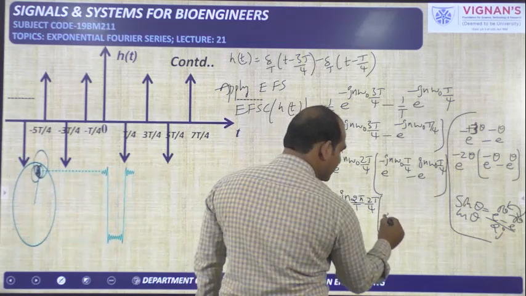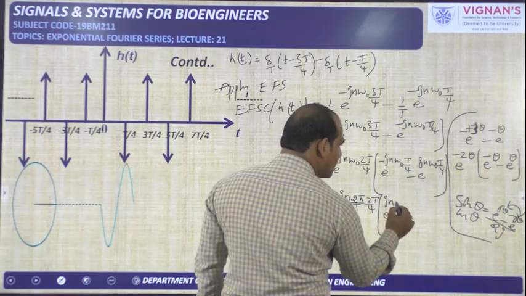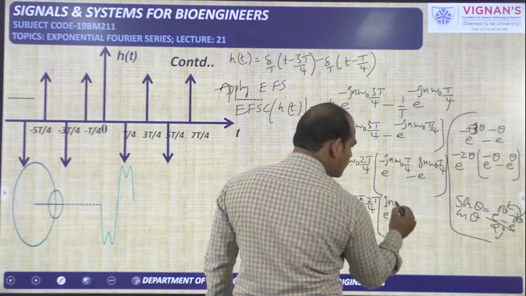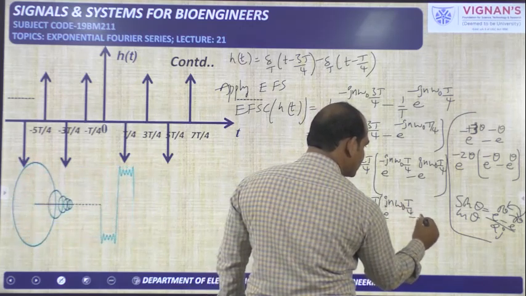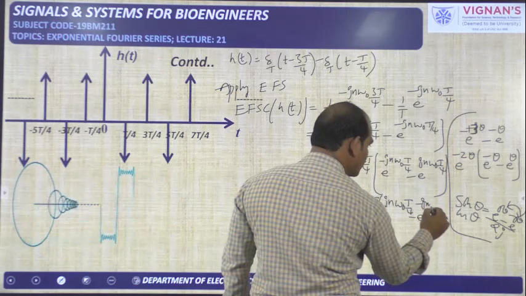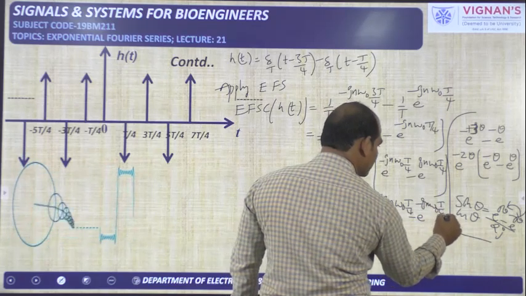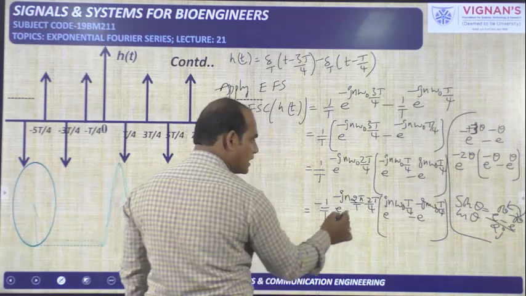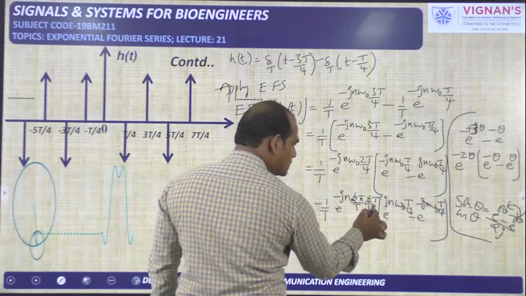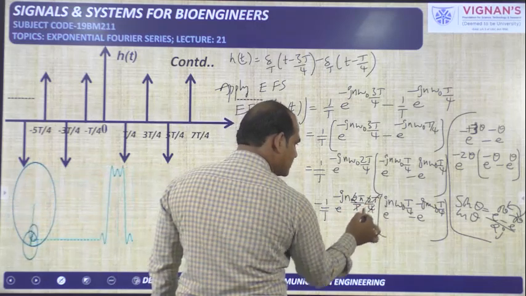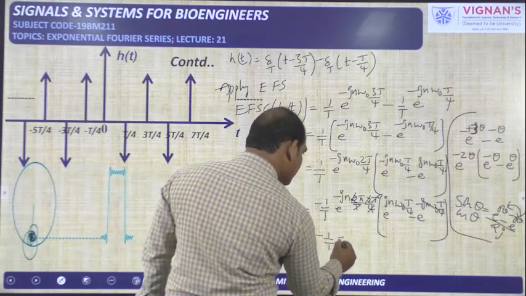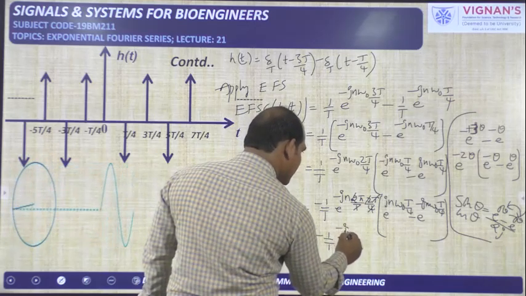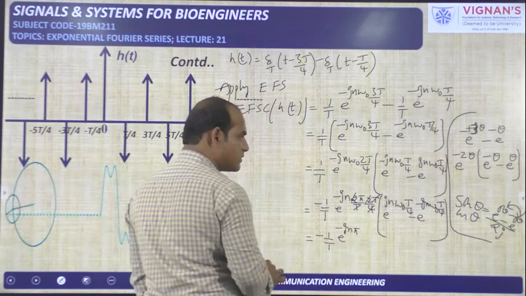Next it is e power jn omega naught into t by 4 minus e power minus jn omega naught into t by 4. Okay, this 2 and 4 will be cancelled, this t will be cancelled. Here you got minus 1 by 4 e power minus jn pi. This is the remaining thing.